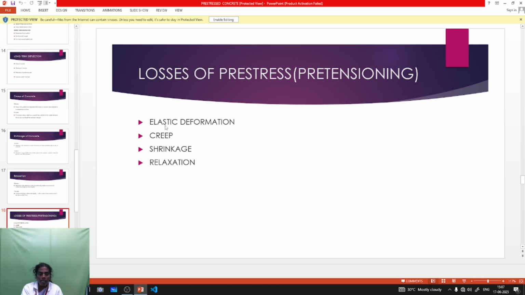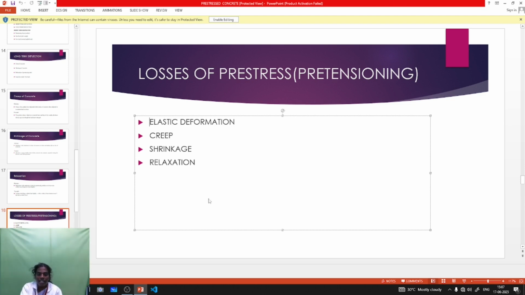First one is elastic deformation. For pre-tensioning, we take the steel tendon and stress it, so elastic deformation occurs and the length changes. This is the elastic deformation loss.